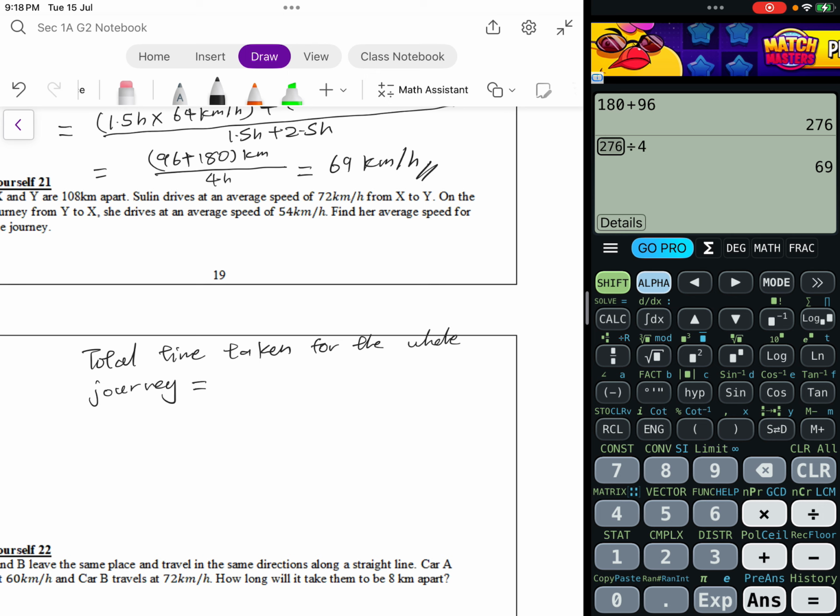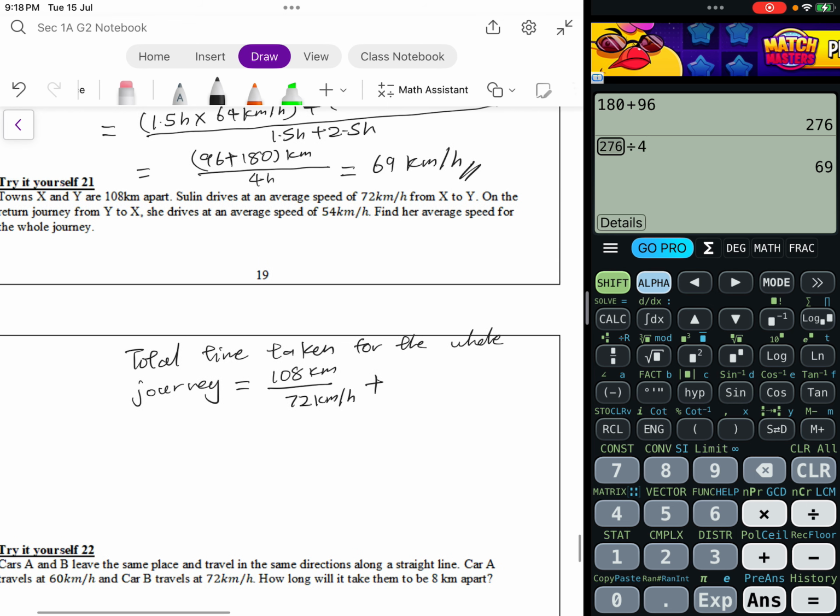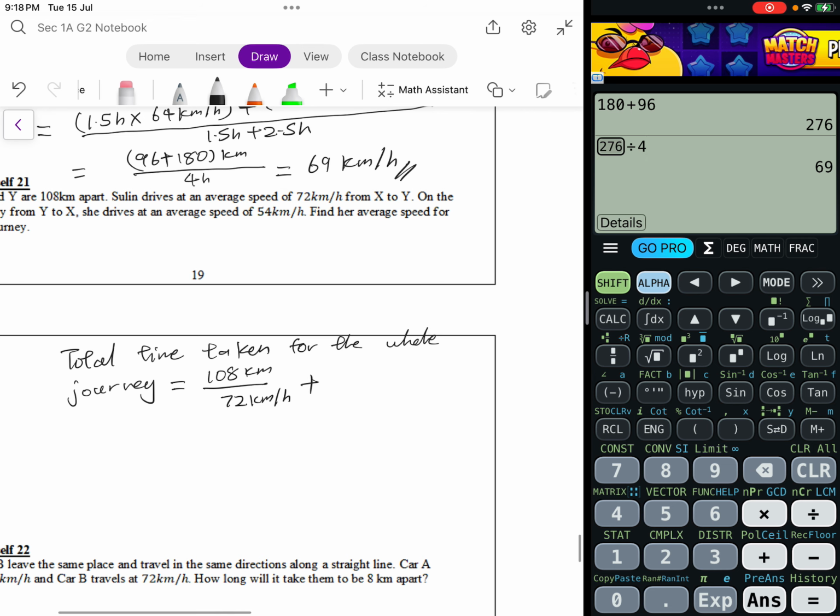Okay, so from X to Y is 108 kilometers divided by 72 kilometers per hour. Okay, then Y to X is 108 kilometers divided by 54 kilometers per hour.